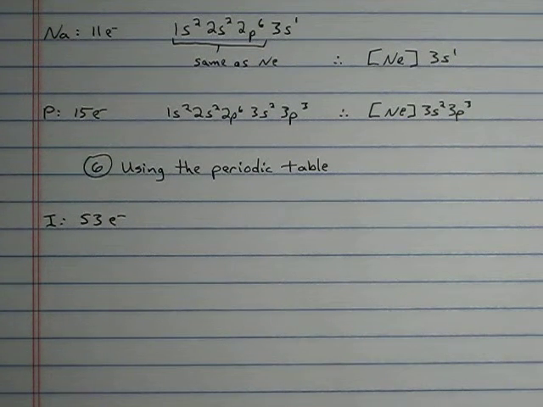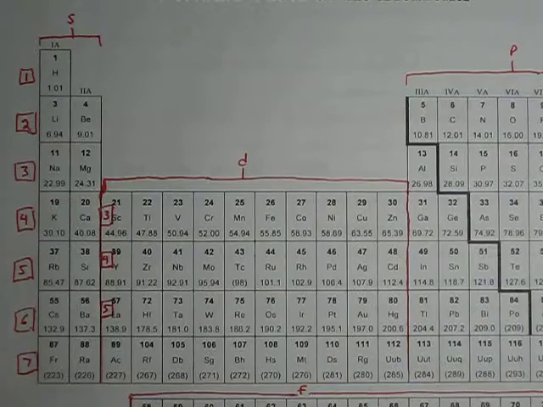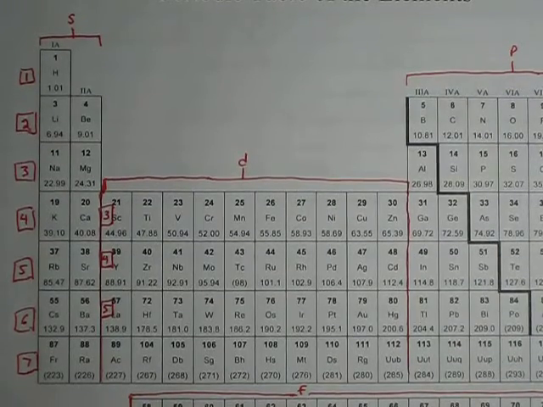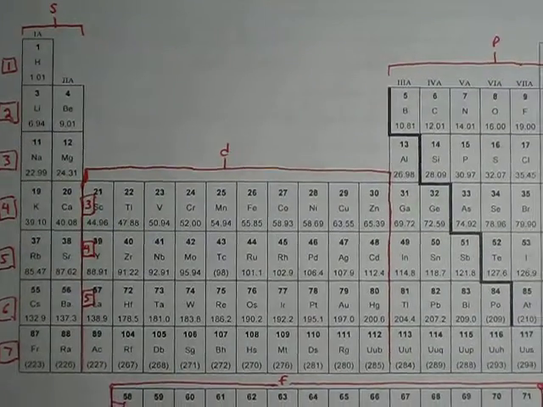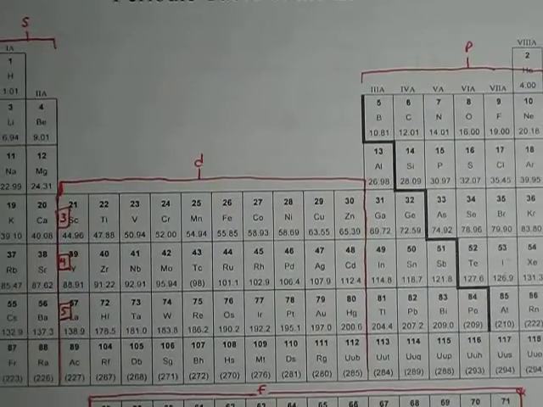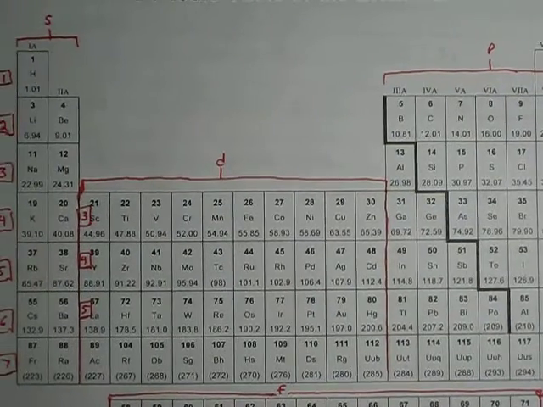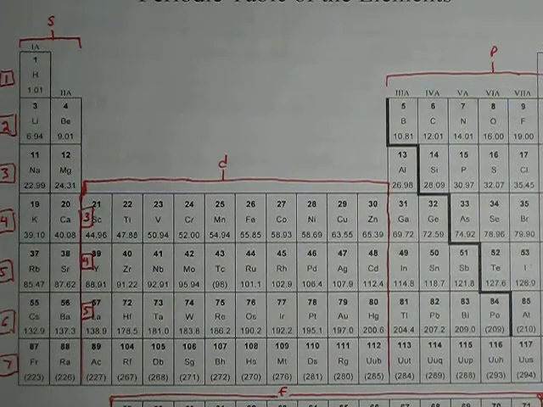Let's look at our periodic table here, and we'll notice some things. Recall how many electrons are possible in any orbital? Well, 2 electrons.